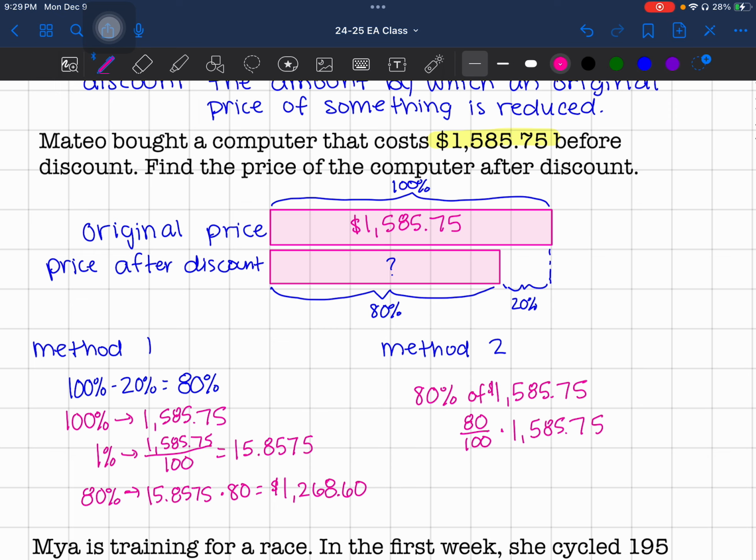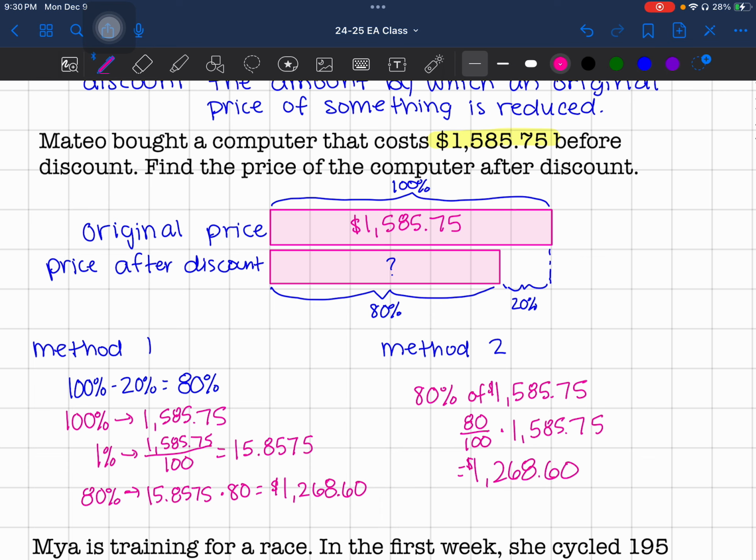As long as you have this written down, and show your work, you can use a calculator. When you times 80 times by 1,585.75 and then divide by 100, you get $1,268.60.